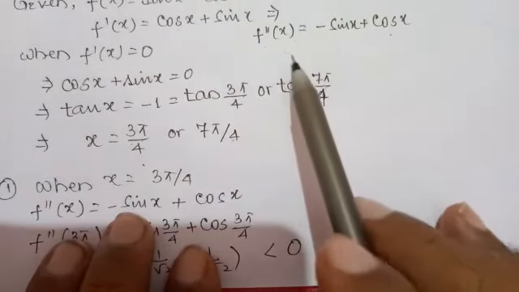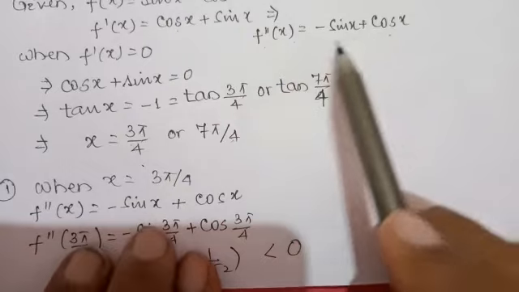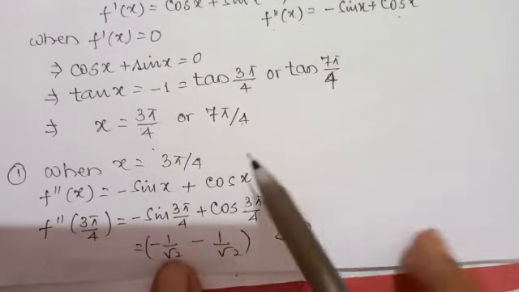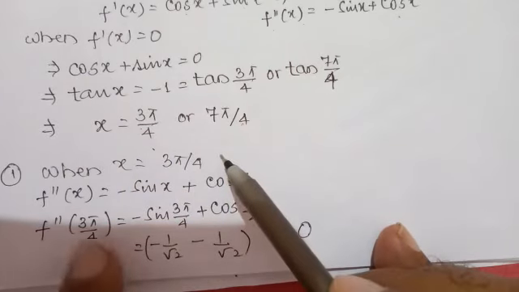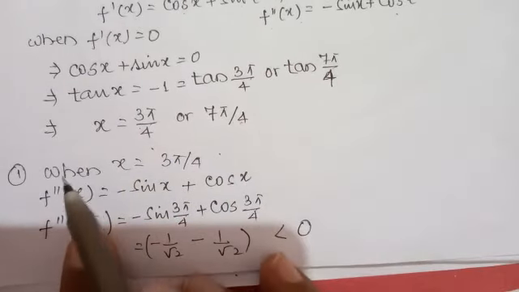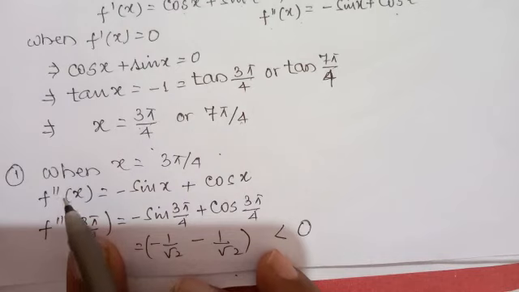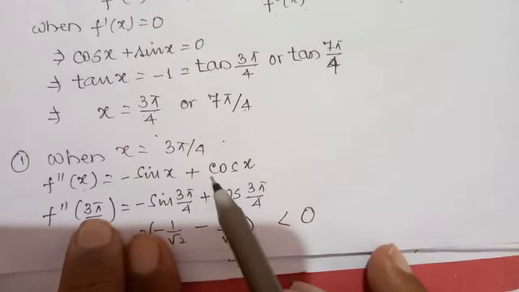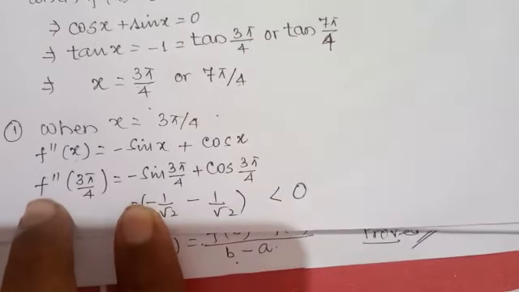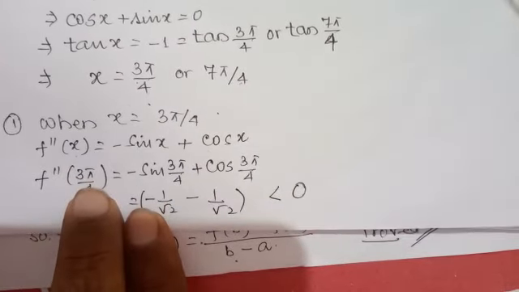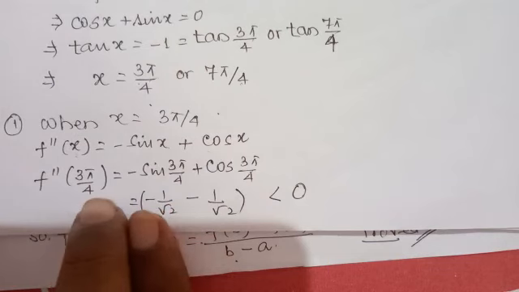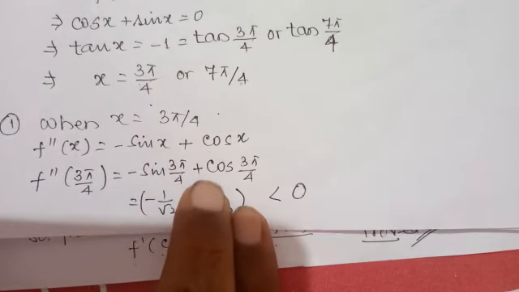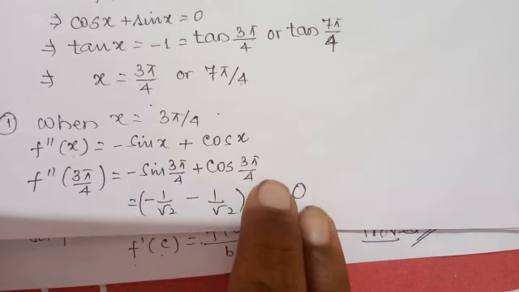So you got children, double differentiation also. So when x is equal to 3 pi by 4, f double dash x is minus sin x plus cos x, and f double dash is equal to minus sin 3 pi by 4 plus cos 3 pi by 4.